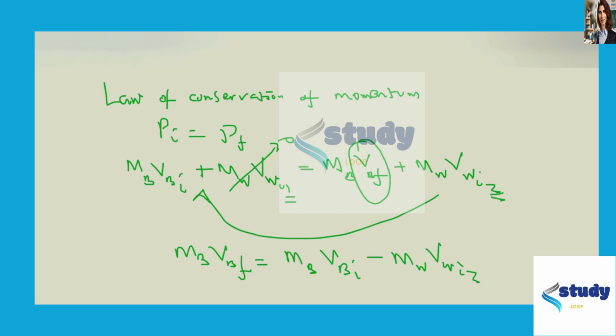And then, of course, the next part of the problem is that we'll divide everything by the mass of the bullet. So by the mass of the bullet, like that.